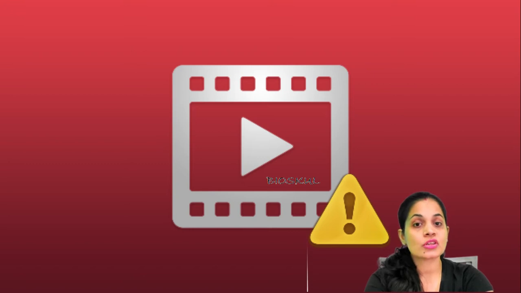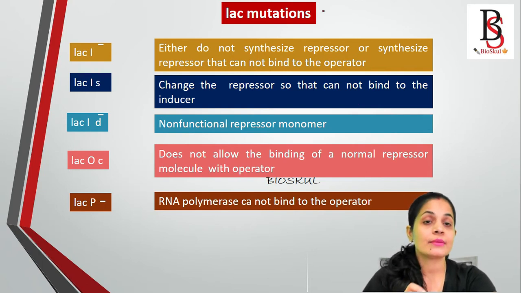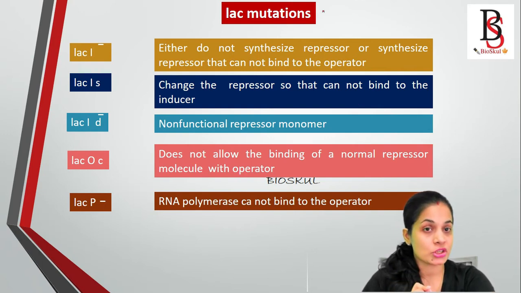Its function is to synthesize the repressor, but when the Lac I gene is mutated, it cannot synthesize a repressor. If it does synthesize the repressor, that repressor is not able to bind to the operator.